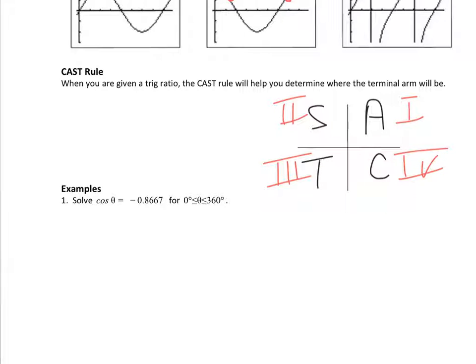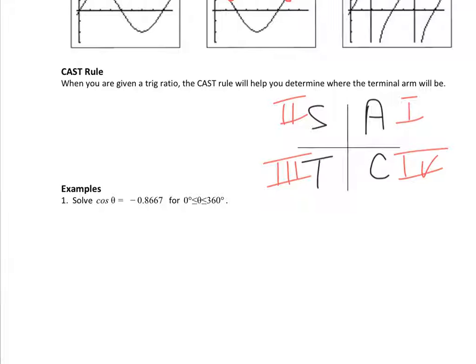Now the question is, let's solve cos of theta equals negative 0.8667, where 0 is less than or equal to theta is less than or equal to 360 degrees. Let's think about the CAST rule. Cosine is going to be negative in the second and third quadrants, so we're only going to be looking for related angles in the second and third quadrant.